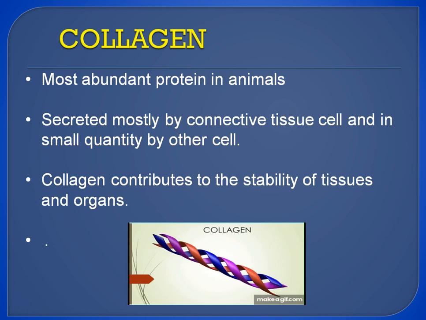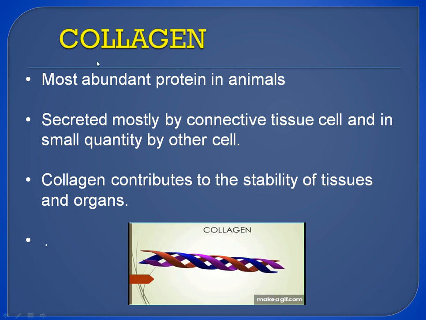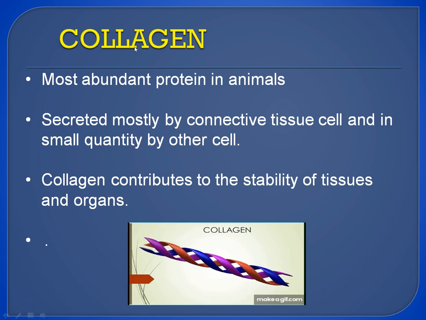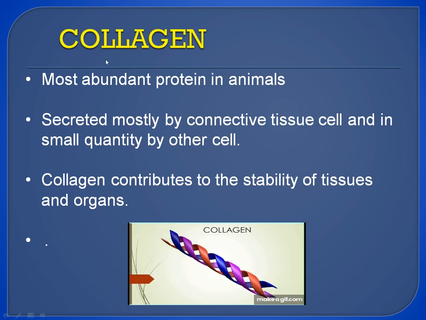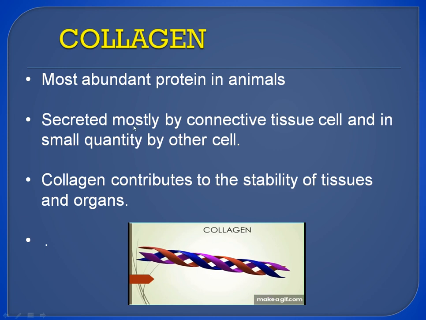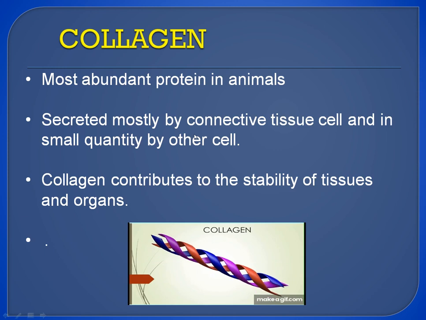Now we discuss all the structural proteins in detail. So first we will start with collagen. Collagen is the most abundant protein in animals. It is secreted mostly by connective tissue cells and in small quantity by other cells.